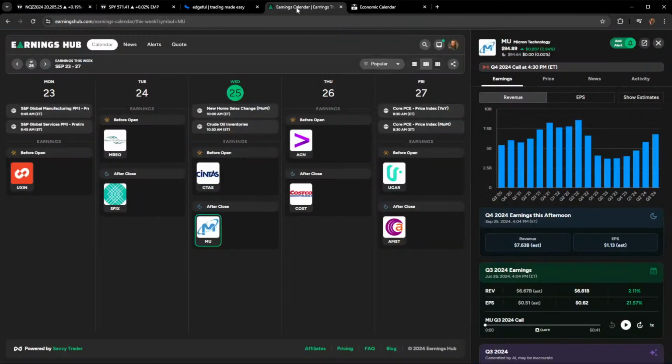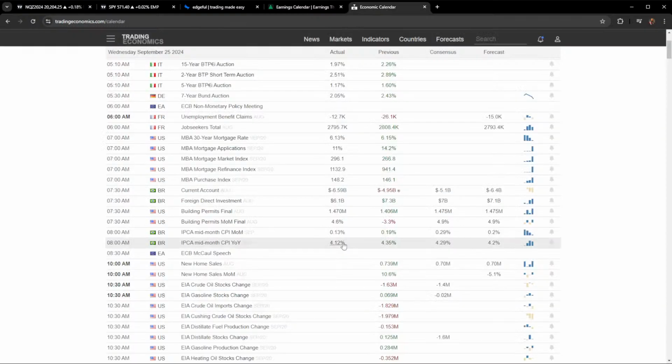We also have this, so let's jump over to our earnings hub just so we can look at what's going on. MU. We have semi earnings this afternoon. People may be front running that, may be excited about that. Earnings hub, they have some of the economic data on here. This is the economic calendar I use.